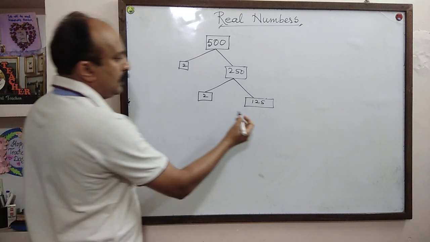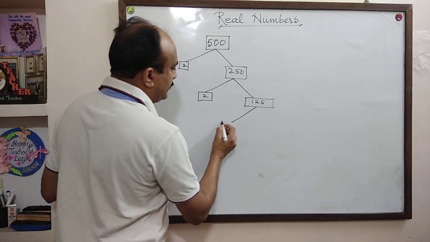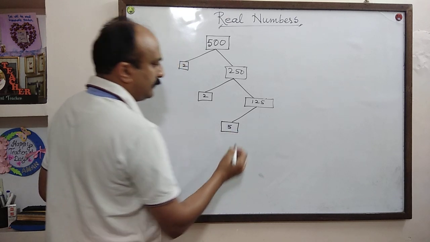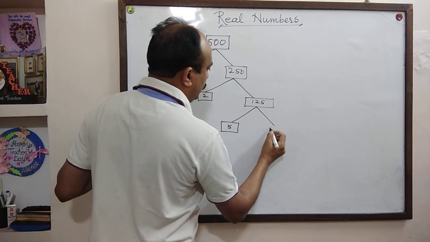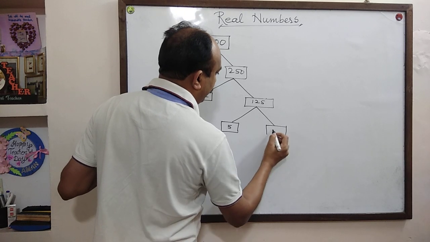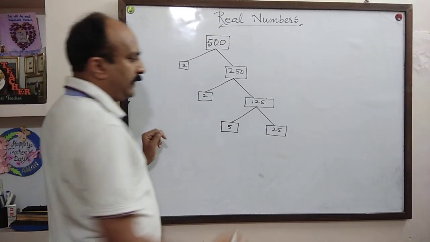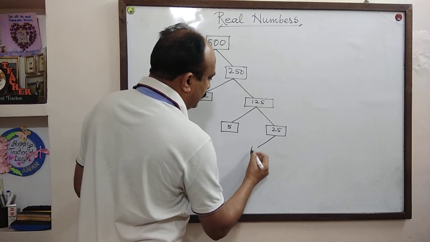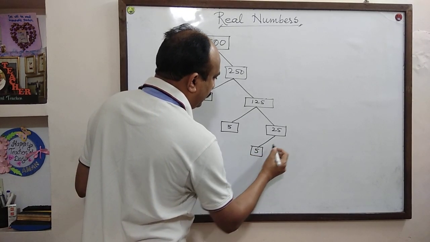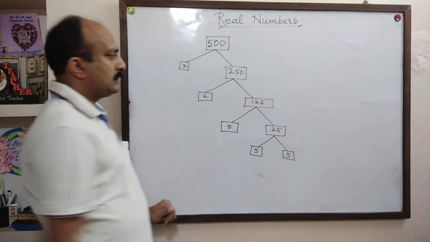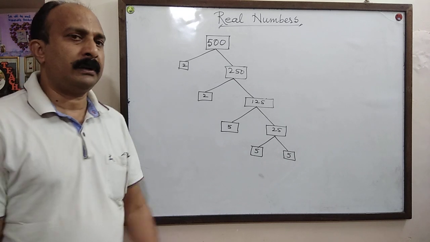Next, 125 is divisible by the next prime number, that is 5, and the answer is 25. Now this 25 is divisible by the next prime number, that is 5, and the answer is 5. So the prime factorization is over.